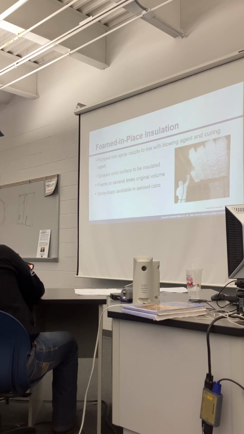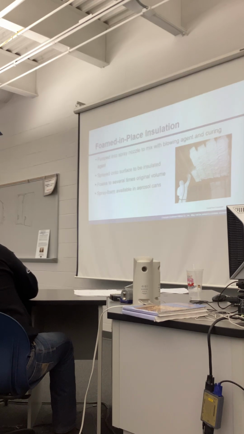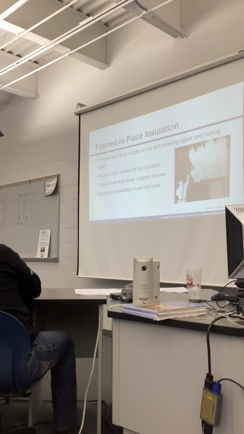So R7 out of 1 inch, and we get our vapor barrier, and we get our air seal with 1 inch of that foam, and then we put batt insulation on the inside, and we get R13 plus 7, so we got R20 insulation for, you know, $3 a square foot instead of $12 a square foot. Does that make sense? Because 4 inches of it would be $12 a square foot.